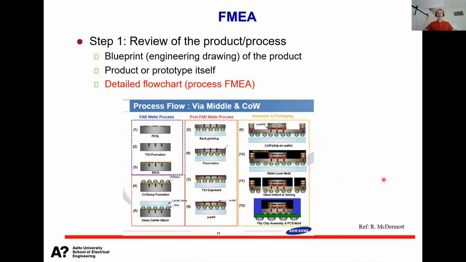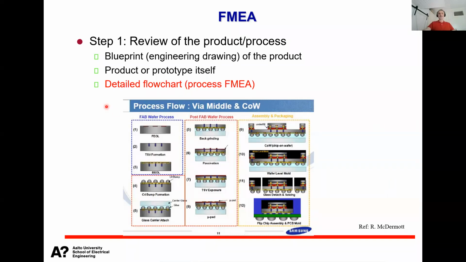So you can use the same approach, thinking about how a certain, for example, electronic component is manufactured, and then you split the process into parts, and you start thinking about every individual processing step, how it can cause a problem, which you would then see in the actual component to be manufactured.